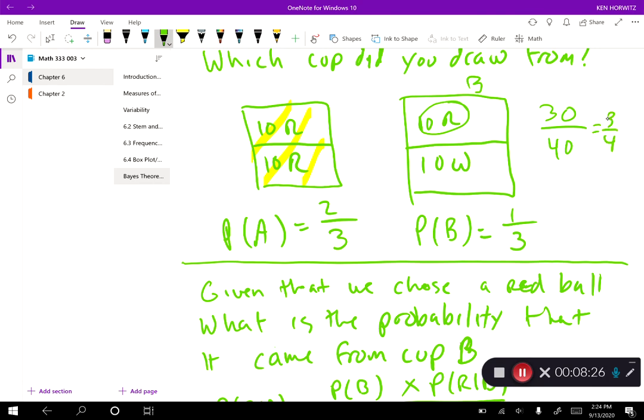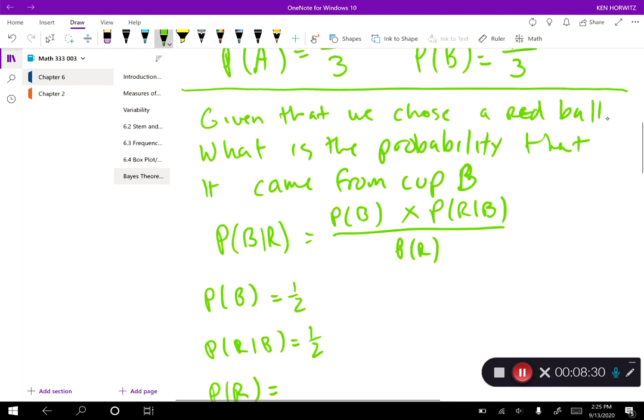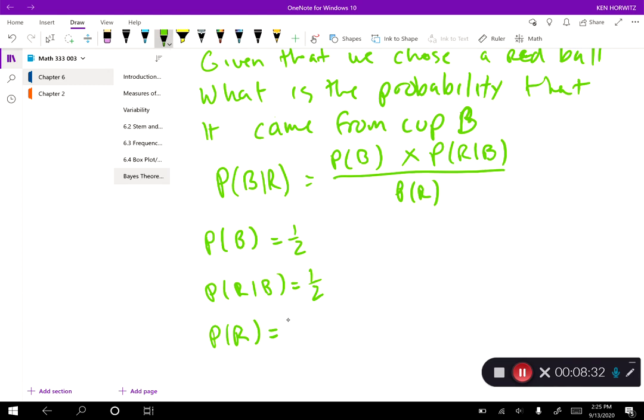So probability of just choosing a red would be 3/4. So let's scroll down. Let's put in the 3/4. And I like doing it this way. I like being able to say what each individual probability is before putting it into the formula, because very often you get caught up in what things mean. So listing it this way is really helpful.